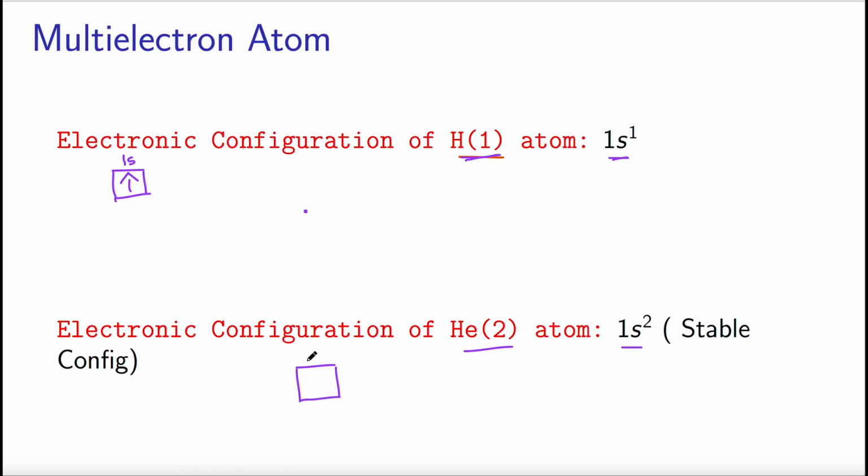This is the 1s state. One electron will be like this and the other electron will be like this. Why? So this is the configuration. Why?